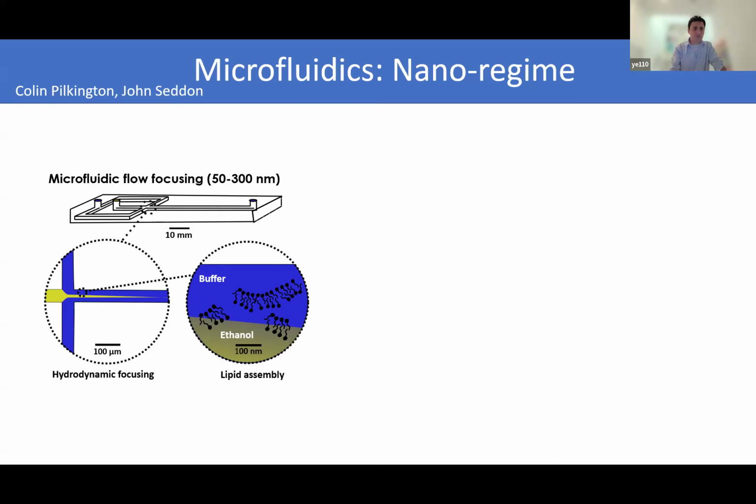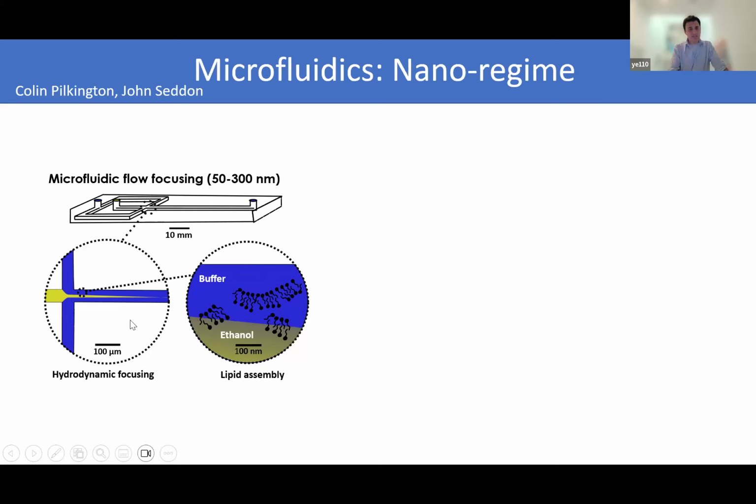It's pretty simple, right? In one stream you have lipid dissolved in ethanol, lipids are soluble in ethanol, and in the other stream you have an aqueous stream, and you flow them through, you basically have diffusive mixing. Over time, as you progress through this channel from left to right, you get mixing of the ethanol in the aqueous buffer.